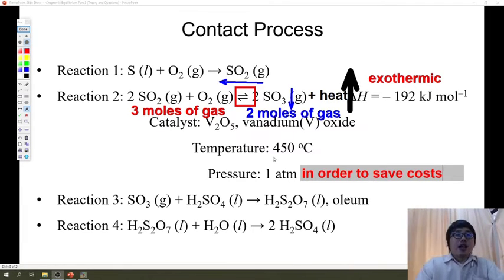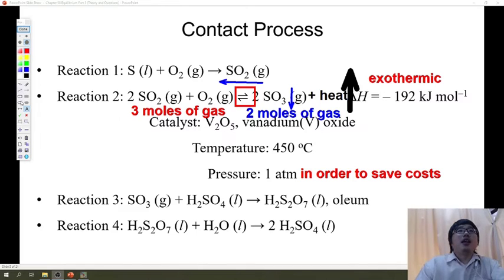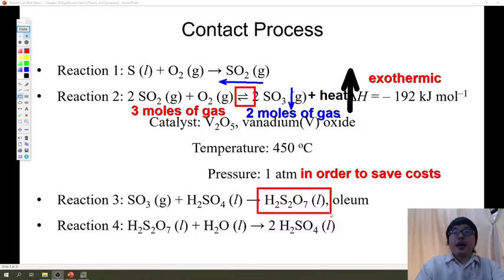Next, please take note that sulfur trioxide does not straight away react with water to give you sulfuric acid. You first react it with pure sulfuric acid to get what we call oleum. Then only the oleum reacts with water to give you pure sulfuric acid.